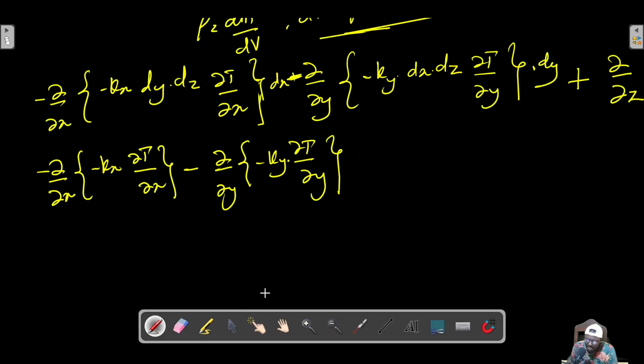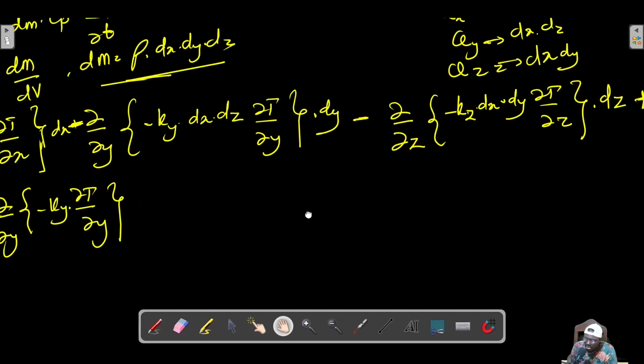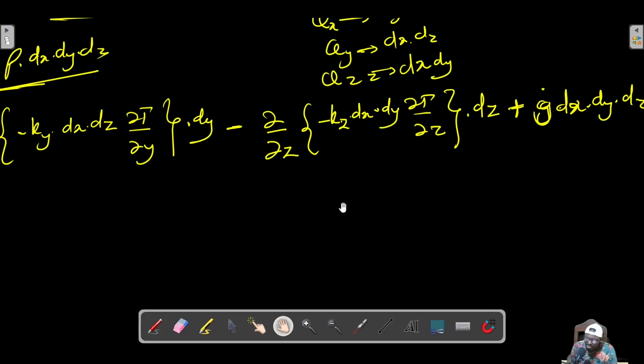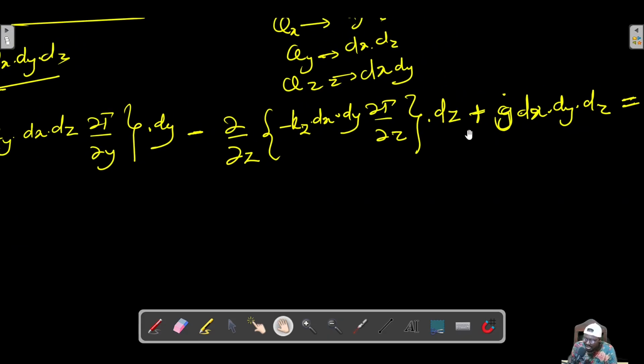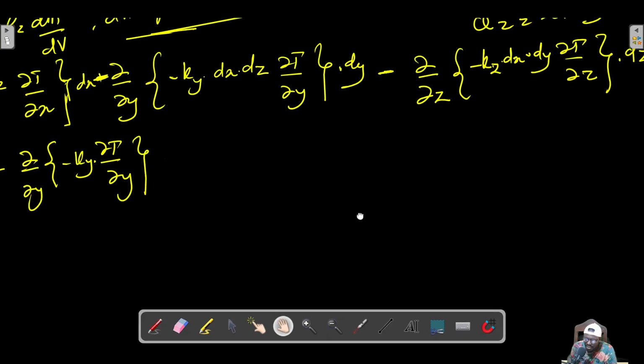This is not supposed to be positive, it is supposed to be negative. You can check from the previous steps. But this one is supposed to be positive, so that is fine.